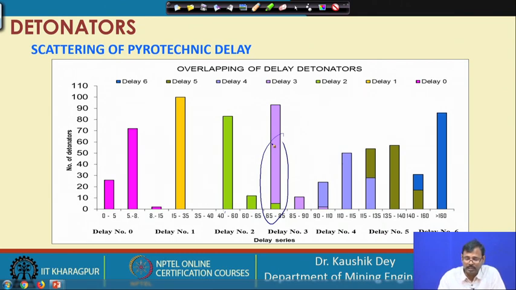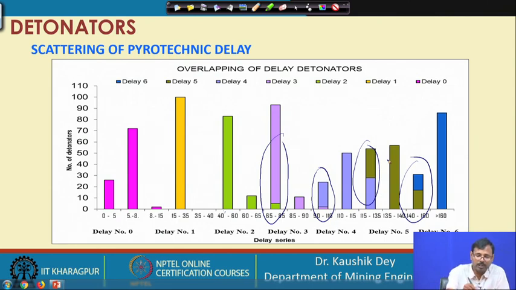So, there are chances where overlapping may occur, and wherever overlapping occurs, there is a chance that the lesser delay number will be blasted after the larger delay number. That means, as per the design, the hole which is supposed to be blasted ahead of the other hole may be blasted after it.